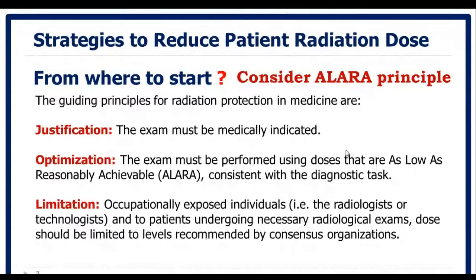Initially, we need to check the performance status of our equipment used for these CT procedures. Then we need to establish clinically appropriate image quality requirements in collaboration with the clinicians who benefit from these images. And we also need to determine the patient doses.